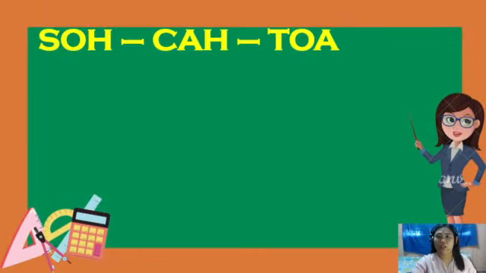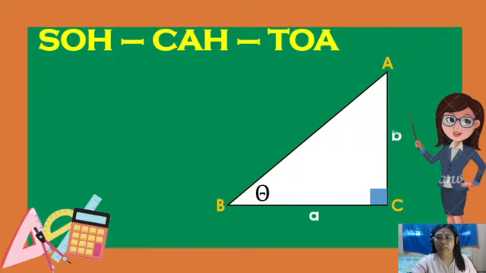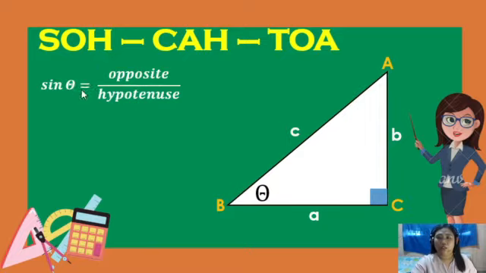Let's discuss SOHCAHTOA. SOHCAHTOA is a mnemonic used in remembering the equations. We have here triangle ACB. Given our angle theta, the side opposite is side B, the side adjacent is side A, and the hypotenuse is side C. Let's start with SOH.